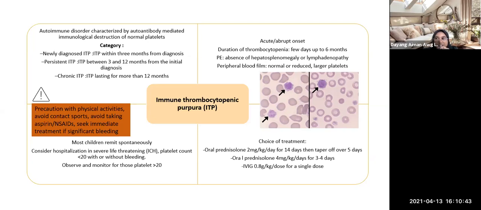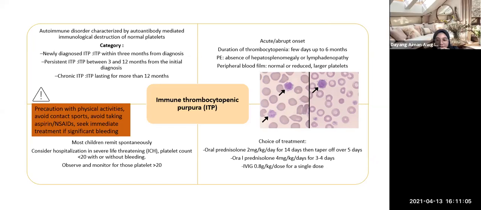Can I ask, Doctor, regarding the choice of treatment, what does it mean by oral prednisolone 2 milligrams, and then we taper off for 5 days, and then next is oral prednisolone 4 milligrams for 3 to 4 days.